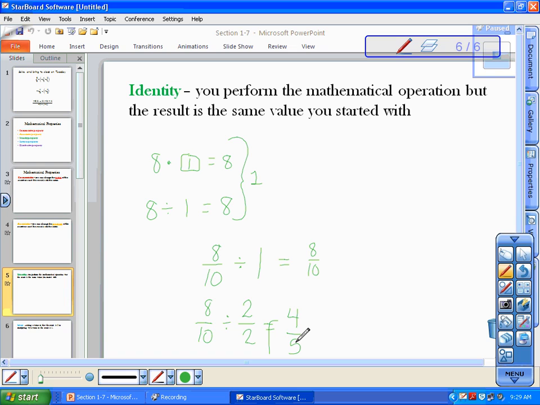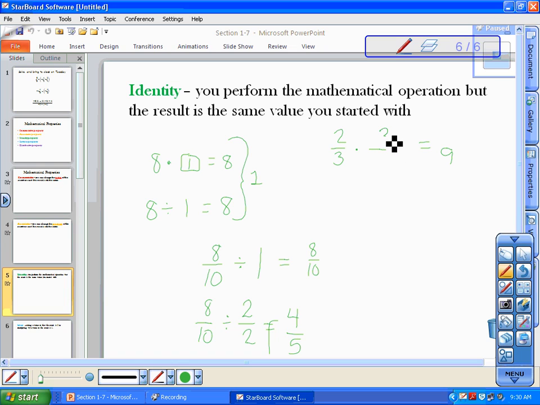We also can do this with multiplication. So let's say, for example, we want the fraction 2/3 to really have a common denominator of, say, 9. Identity property says that as long as we multiply by a value of 1, we will still end up with 2/3. However, we chose to write the value of 1 differently.